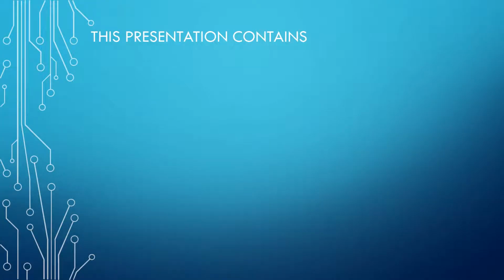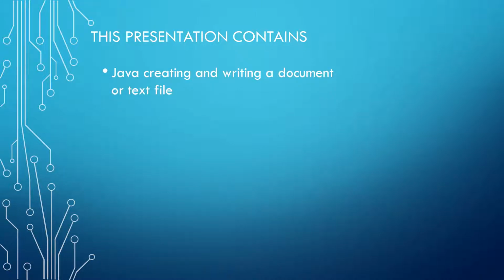The following are the contents of this presentation. First, we're going to talk about how do we write documents or text files using Java commands. How do we open files? How do we read files? How do we read the contents and display them in our console?